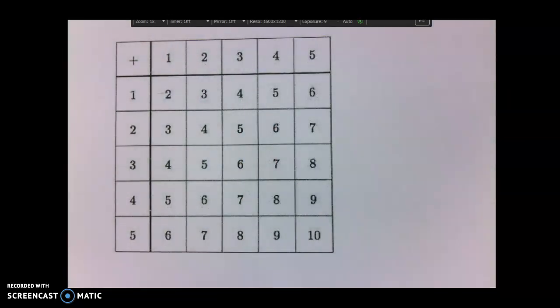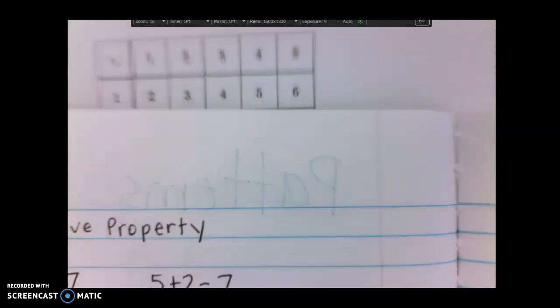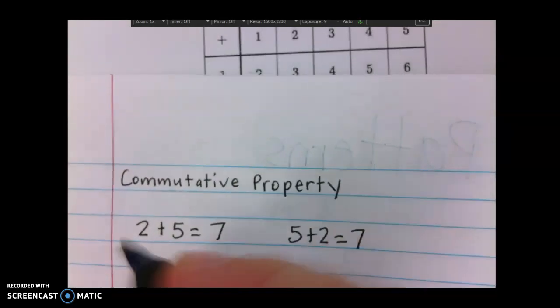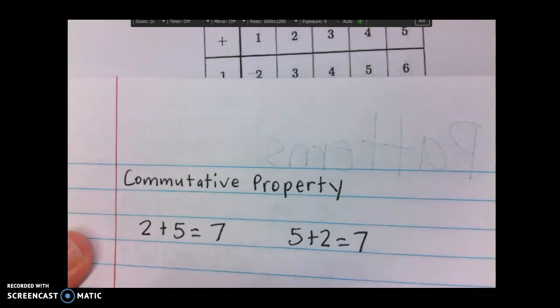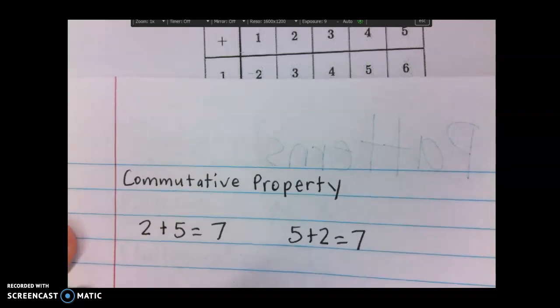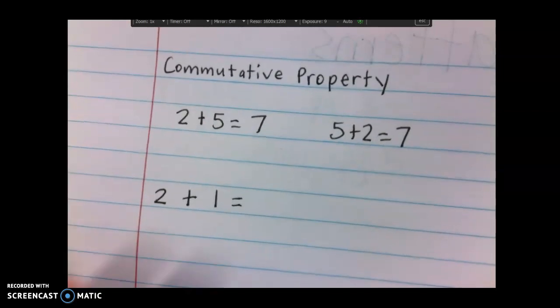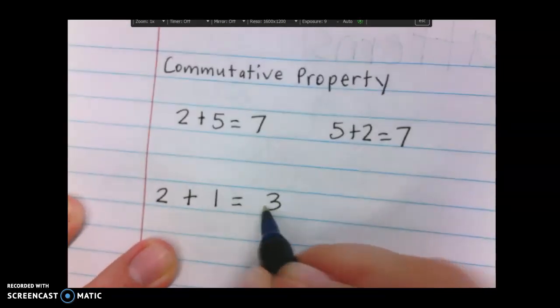Okay? So now we're going to do this in our book of math. You have already written commutative property. So now we're going to write this. Here we started with 2. 2 plus 1 equals 3.